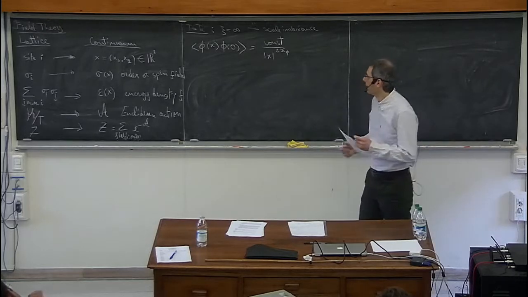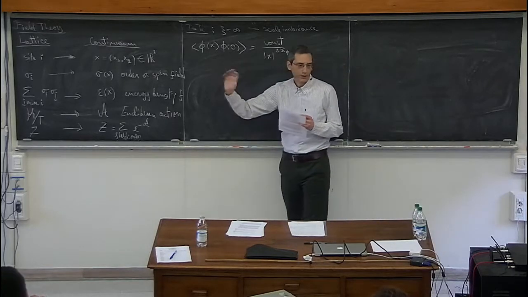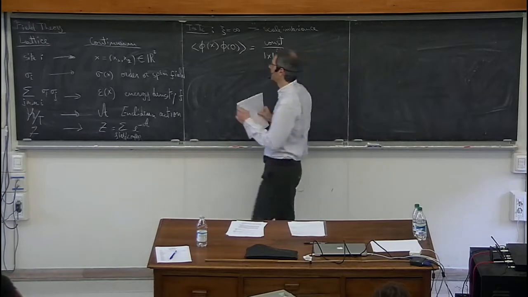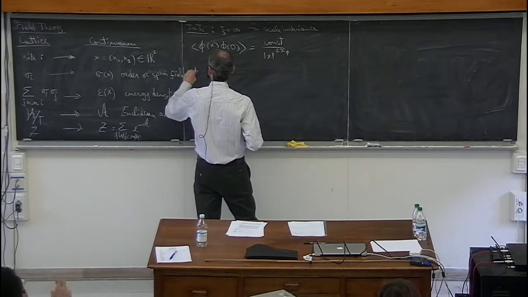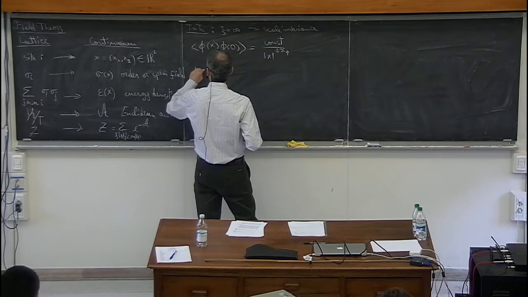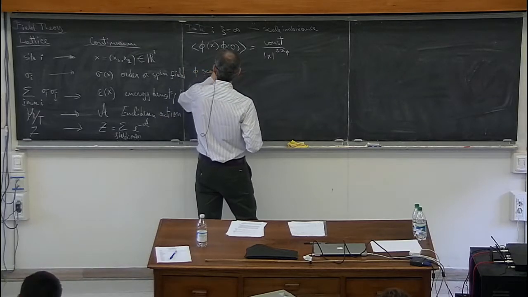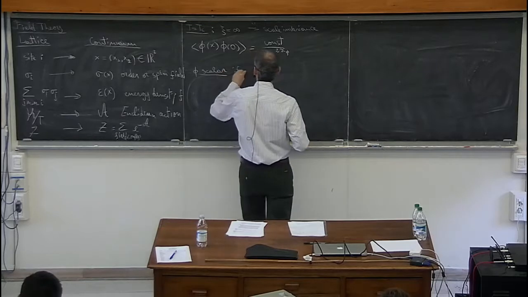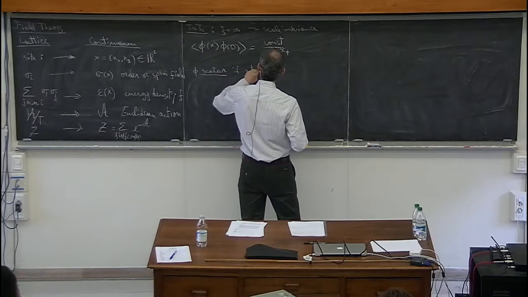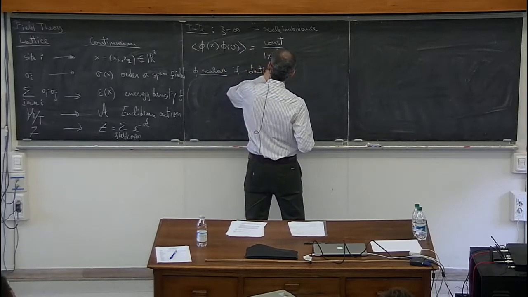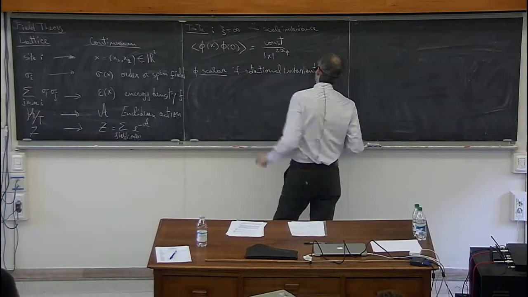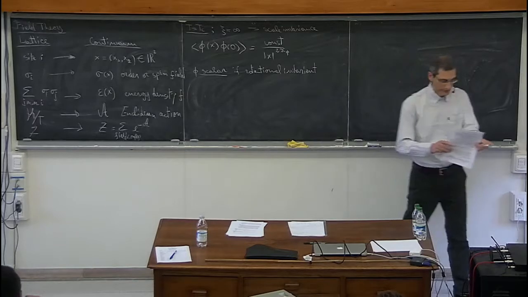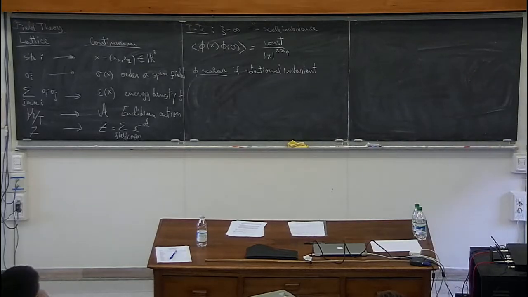This is true for fields which are rotationally invariant. I call these rotationally invariant fields scalar fields, for short. It's a piece of jargon that I ask you to keep in mind.